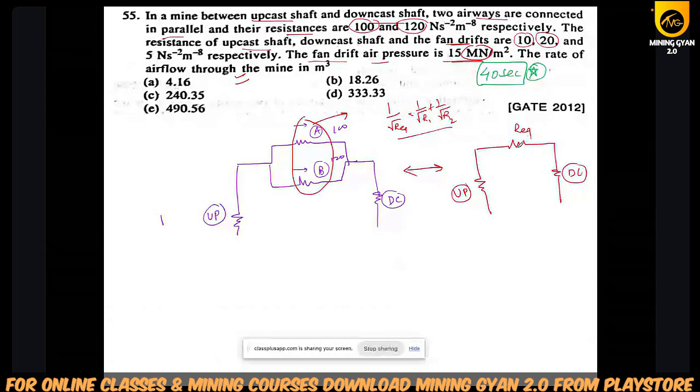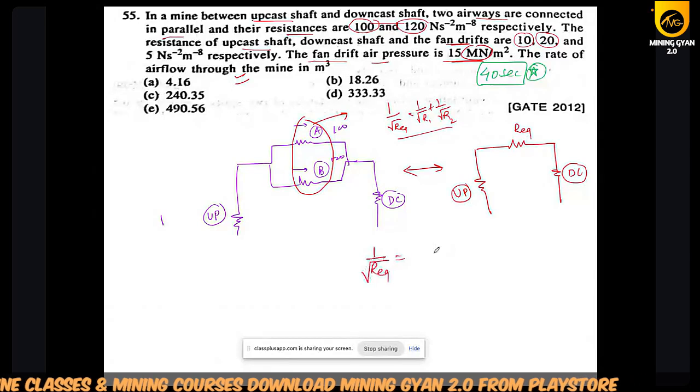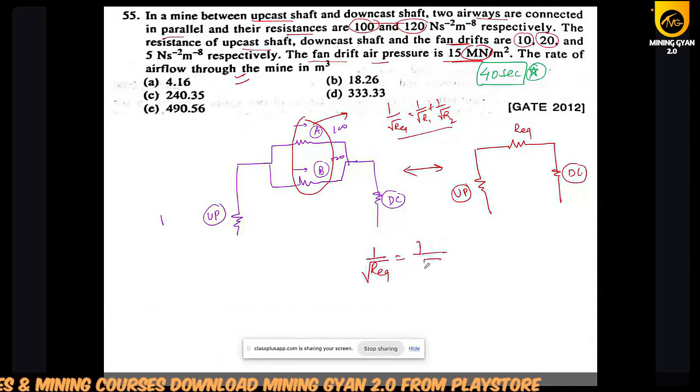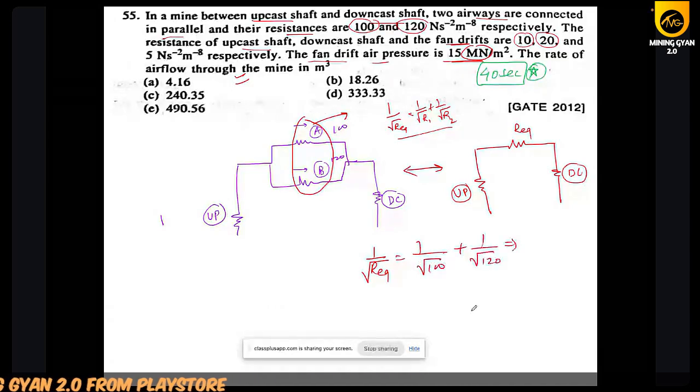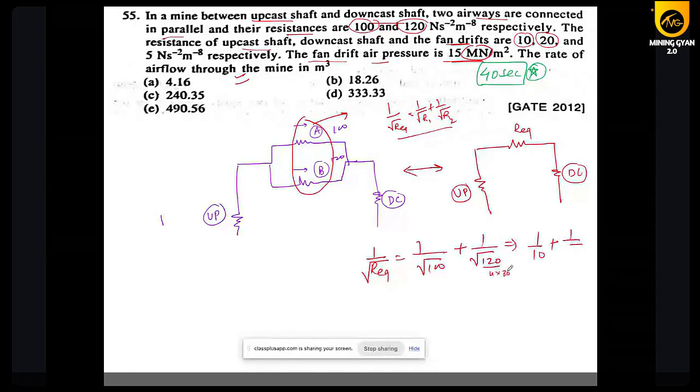So for this, what is R equivalent? 1 by root of R equivalent equals 1 by root of 100 plus 1 by root of 120. It will be 10, and root 120 is 4 times 30, so 2 root 30.